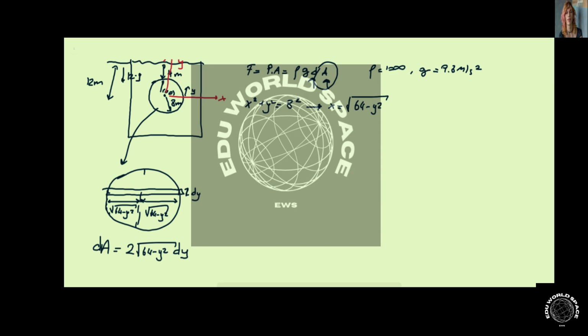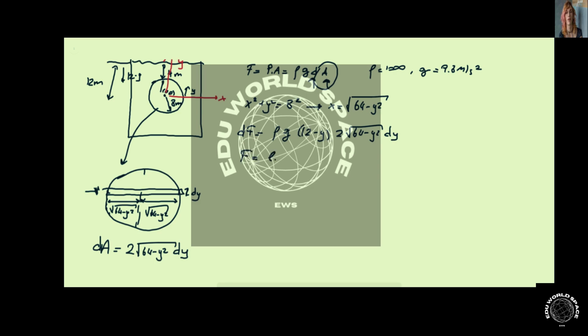So we know what the depth is, and we know what the area is. Let's calculate the force acting on this very thin plate. dF would be rho times g times (12 minus y), the depth, multiplied by the differential area, 2 times the square root of 64 minus y squared times dy. We would find the total force acting on this object if we sum those thin areas up, so we could use a Riemann sum.